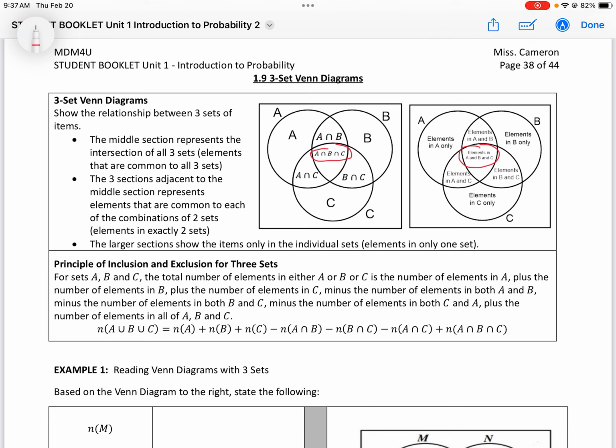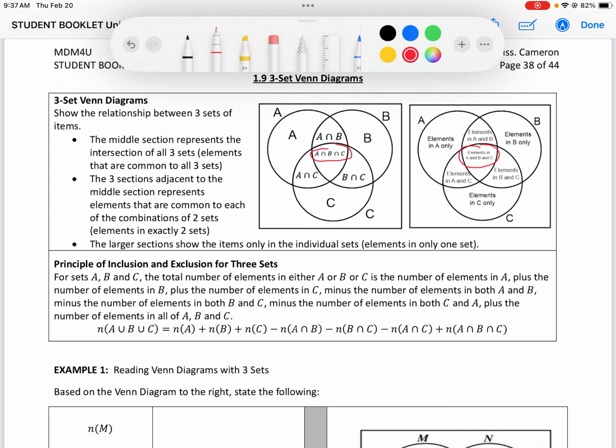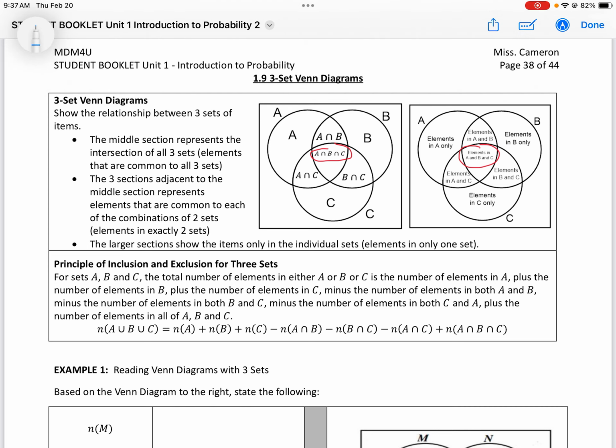And when we work, we always work inside out. So when we take a look at the sections adjacent to the middle, these are intersections of only 2 of the sets. Not all 3, but only 2.